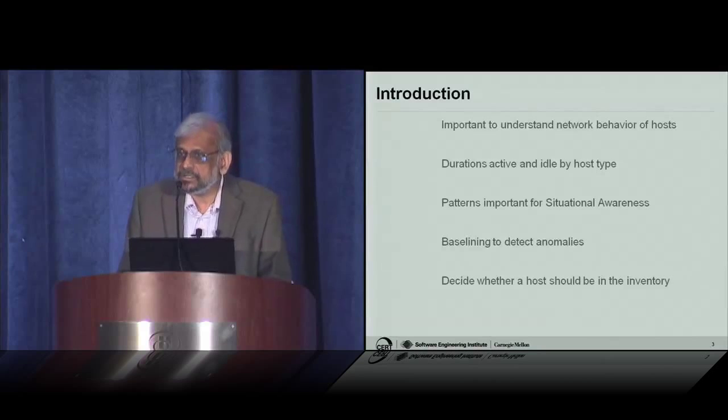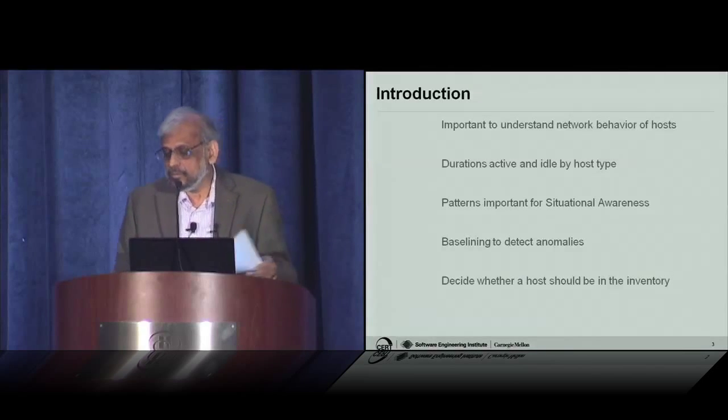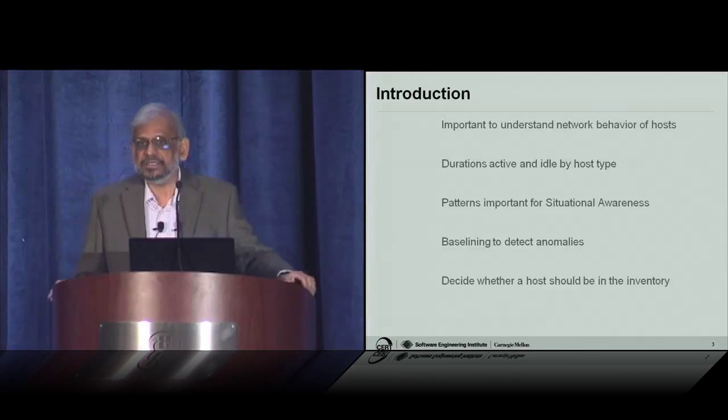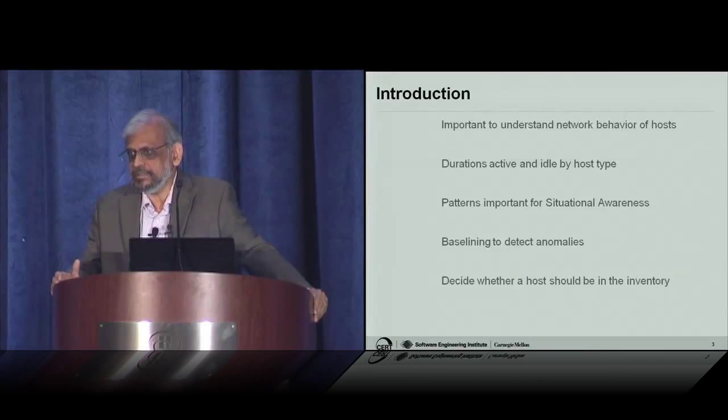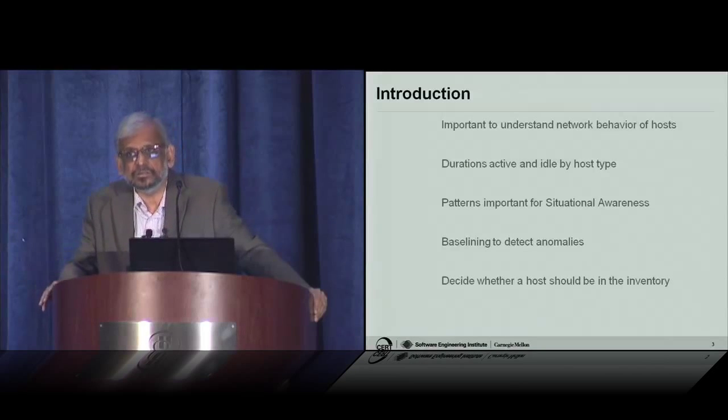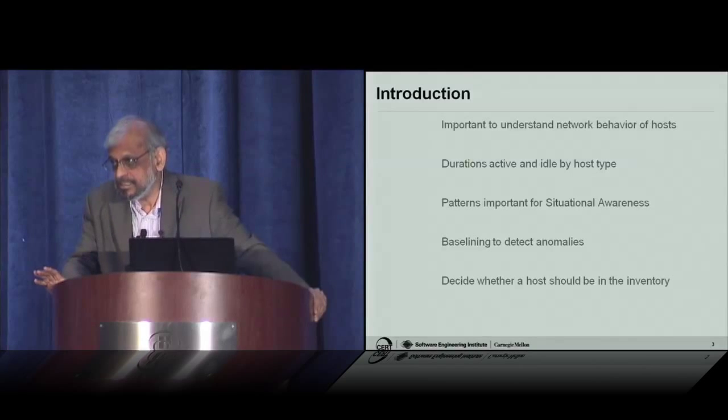There's also a particular motivation for this analysis, and that is we were interested in deciding how we can support the inventory within a network that we're interested in. If a host is always active and we see it on the traffic flow, then we know it's active. But of course, hosts are sometimes idle, and sometimes they can be idle for quite a long time.